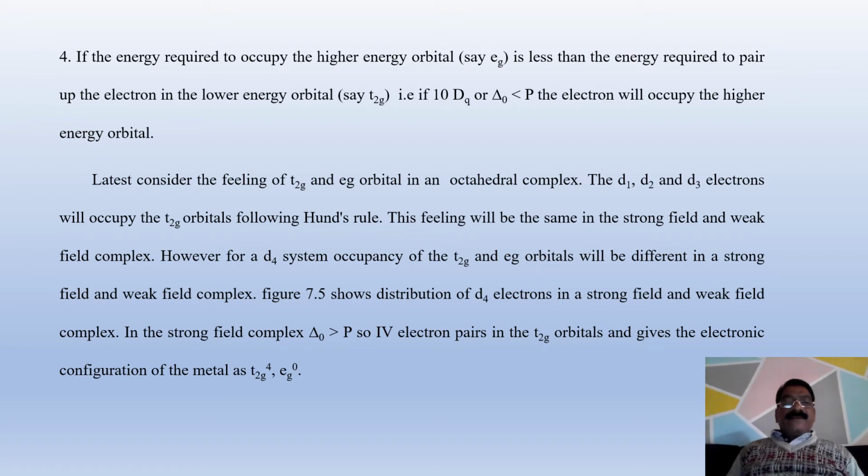See in the next figure the distribution of the d4 electrons in strong field and weak field complexes. In the strong field complex, delta O is greater than the pairing energy, so the 4th electron pairs in the t2g orbitals and gives the electron configuration of the metal as t2g4 eg0.